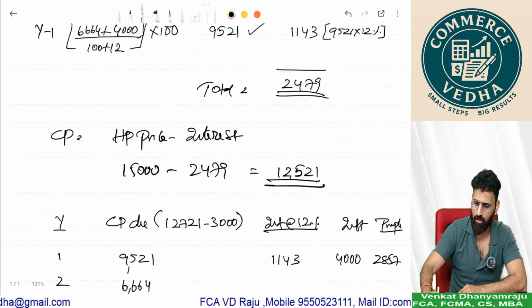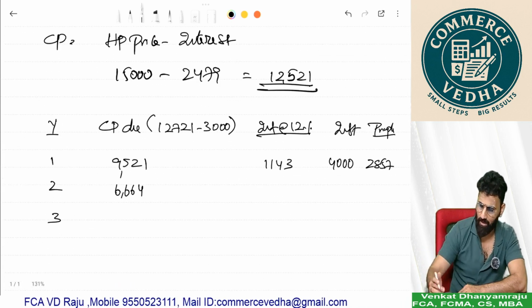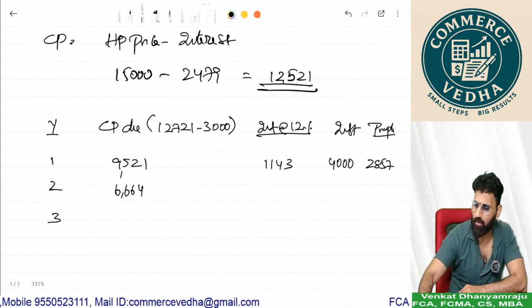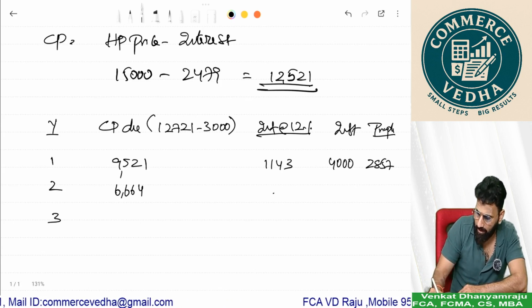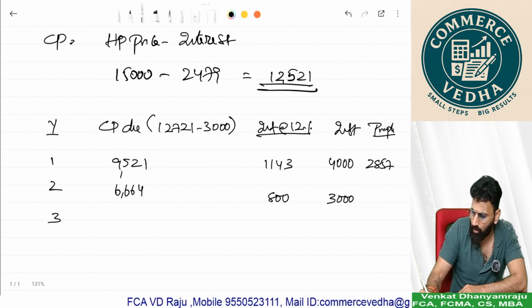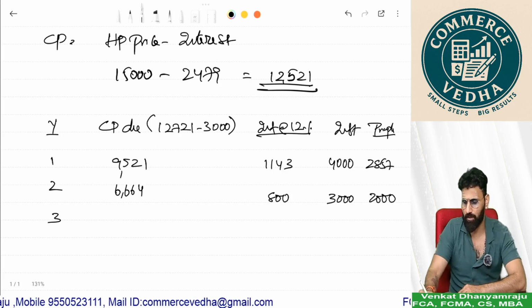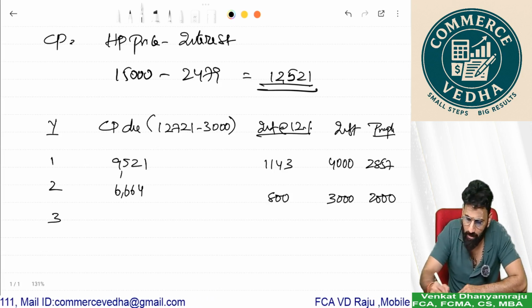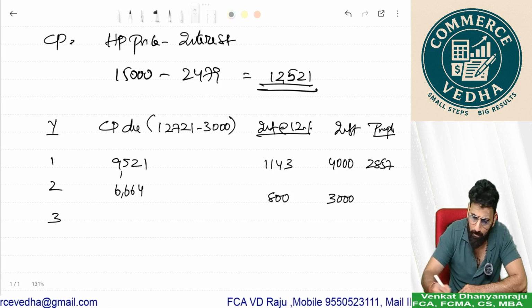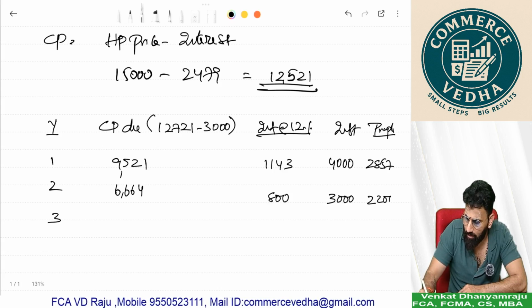Go and check your second year due, 6664, right? So on that, interest at 12% is 800. Installment is 3000. So you paid how much towards principal? 2200, because 3000 minus 800 is 2200.